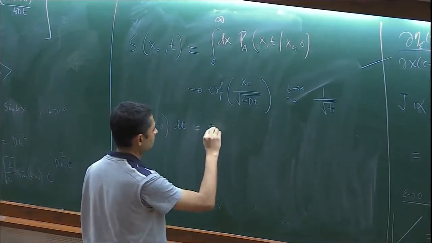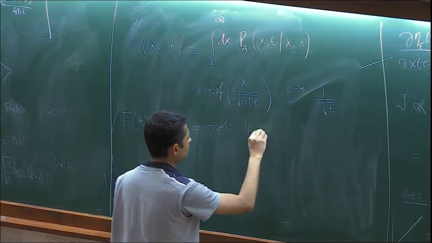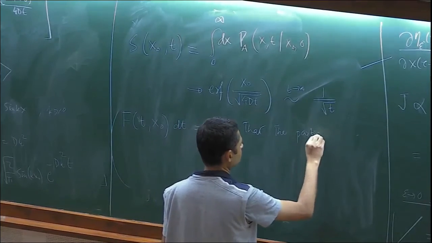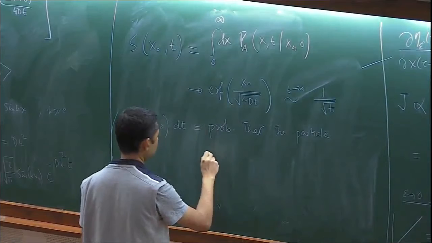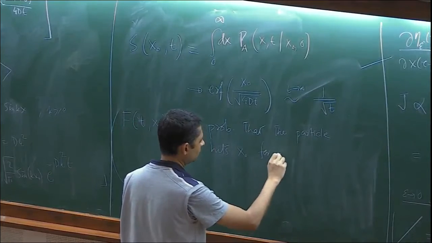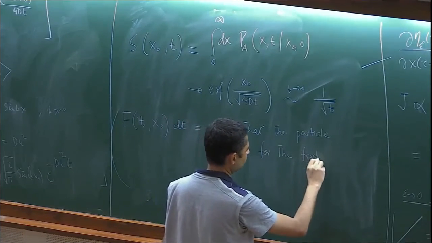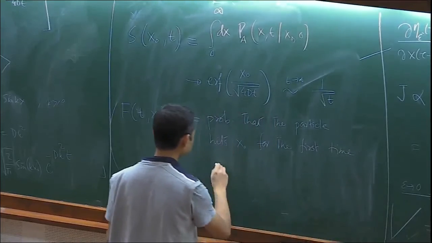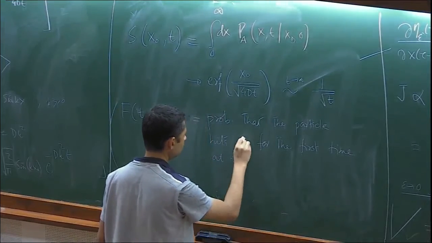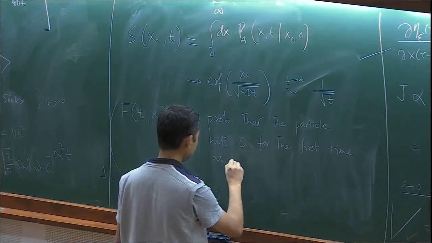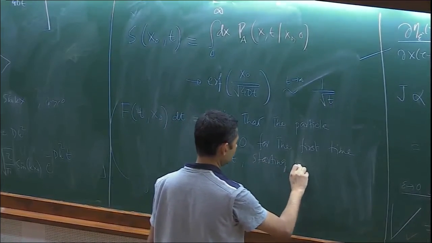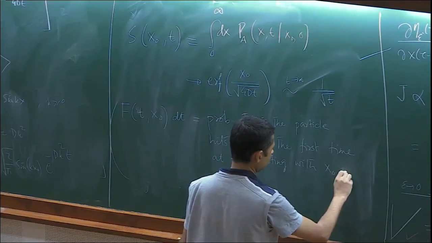This is the probability that the particle hits the origin for the first time at t, starting with x0.